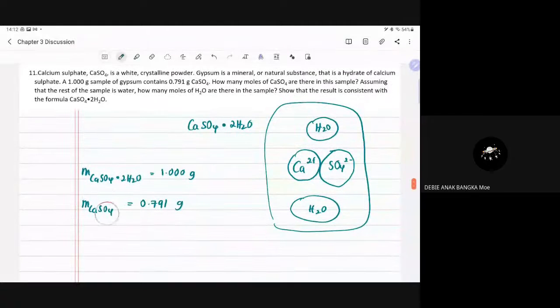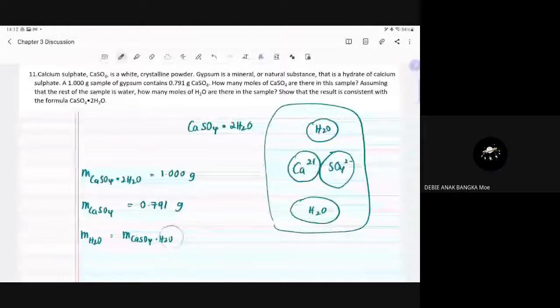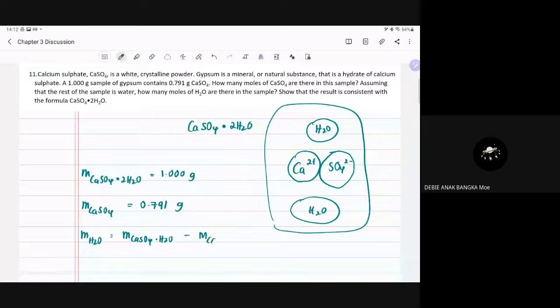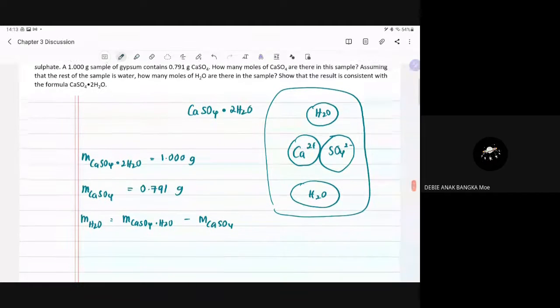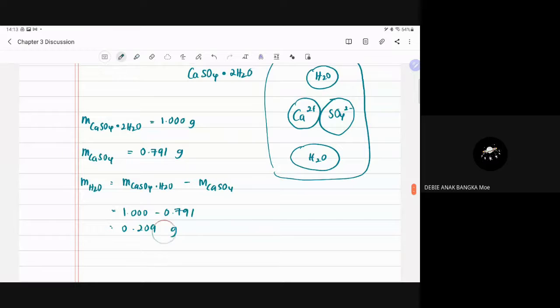Now, bermaksud mass of water sama dengan mass of CaSO4.2H2O tolak mass of CaSO4 bersamaan dengan 1.000 tolak 0.791. And you should get 0.209, I believe. Betul tak? 1 tolak 0.791. Yep.